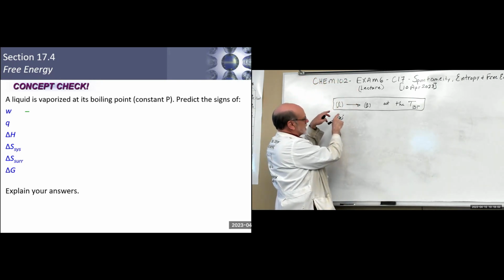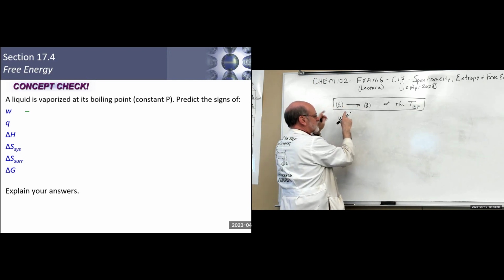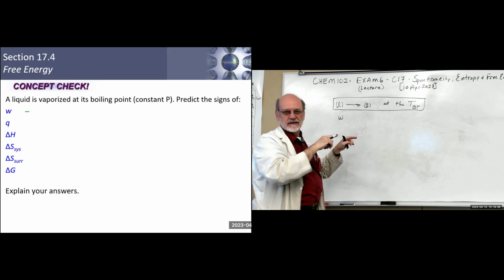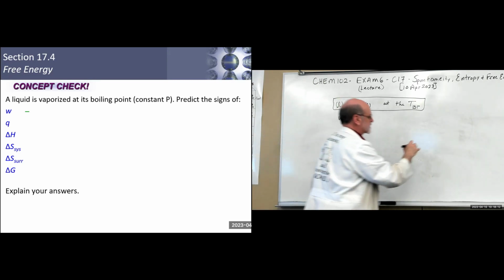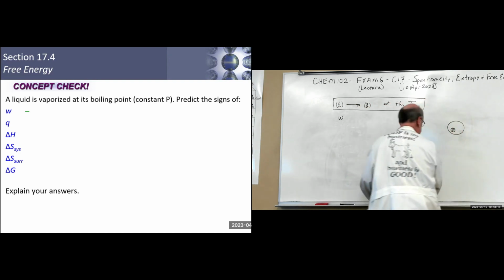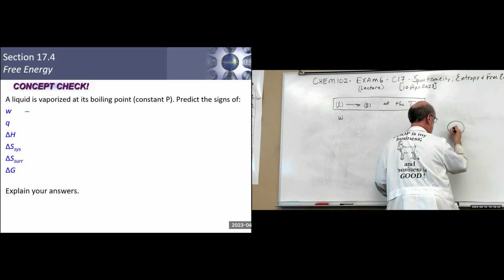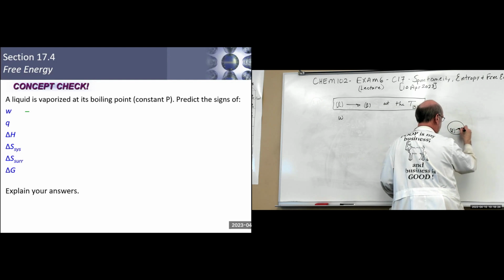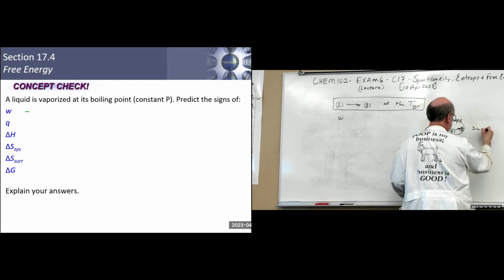So if it's vaporizing, going from liquid to gas, what is required? Well, think of the system here. This is your liquid, and it's going to a gas. That's the system, and this is the surroundings.